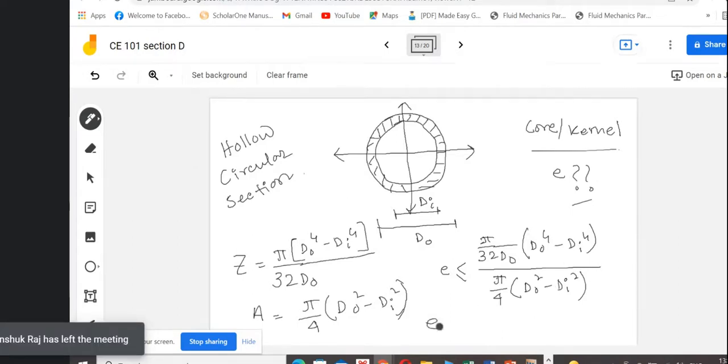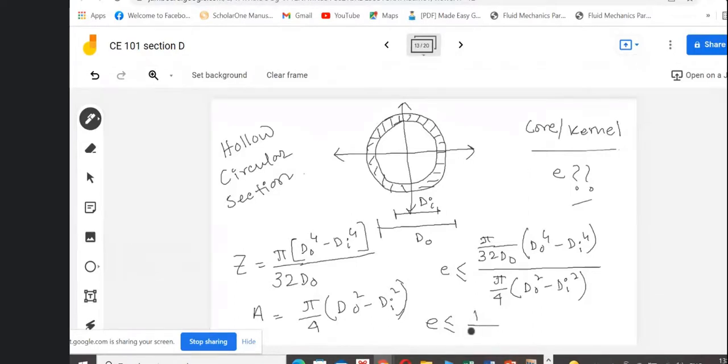So E will be, and here this pi will get cancelled, 4 will get cancelled. So 1 by 8 d naught upon d naught square minus di square. Is it coming, everyone?